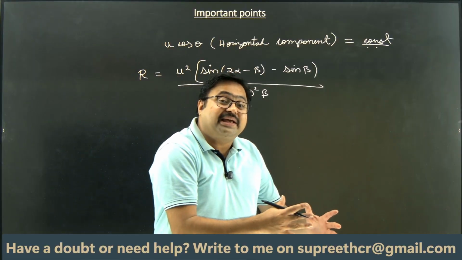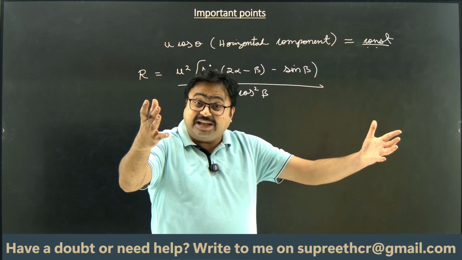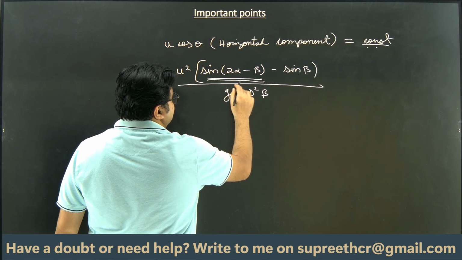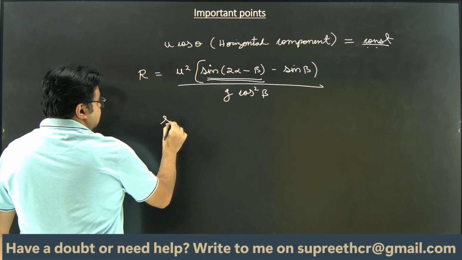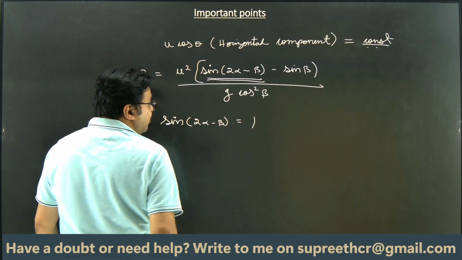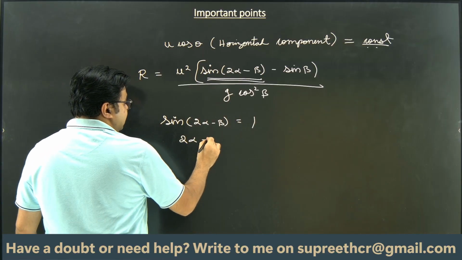So what should be the angle alpha for the range on an inclined plane to be maximum? Let's answer that question. For range to be maximum, you will have to have this term being maximum. That means sine of 2 alpha minus beta should become equal to 1, because that's the maximum value of the sine function. What does 2 alpha minus beta become equal to?